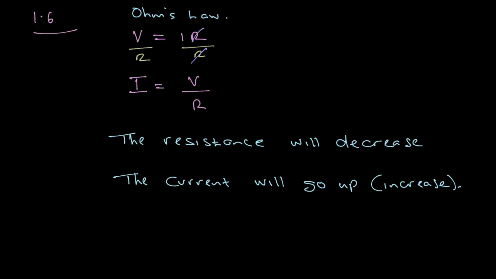And if resistance decreases, then the current will increase, because the current is inversely proportional to resistance. Increasing the temperature will decrease the resistance of the thermistor.